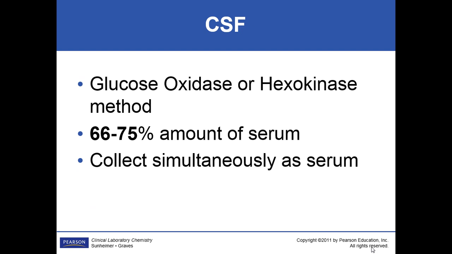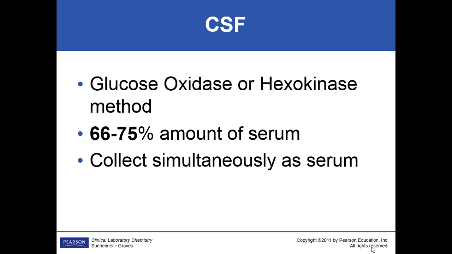Spinal fluid, we can use either of the methods that we did for serum. Spinal fluid, you should have glucose because spinal fluid comes from body fluid, not blood directly, but, you know, think about your brain and some of the other cavities that we'll get into when we talk about body fluids. But normally it's 2/3 of whatever your serum is. So if they're looking for something in particular and they do a spinal tap, they should do a venipuncture also at the same time.